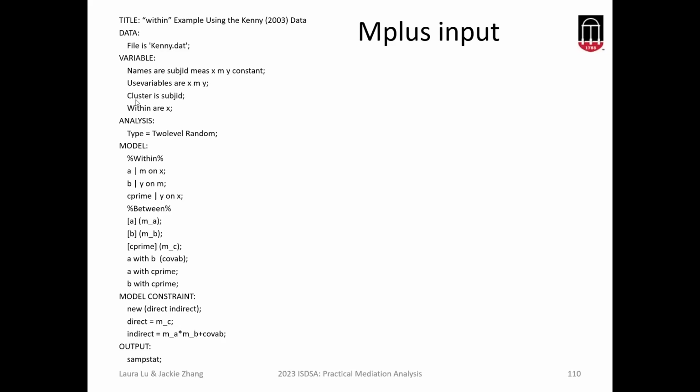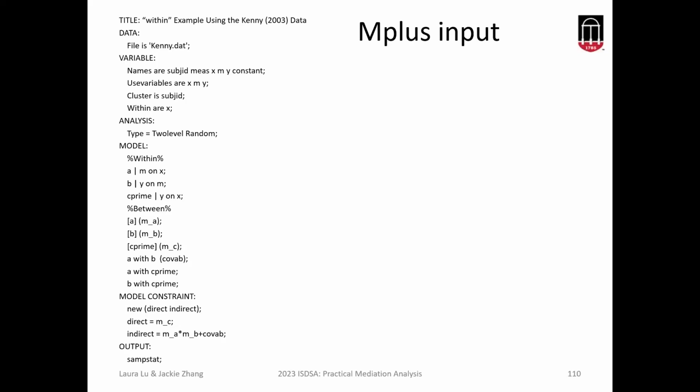And then we need to add some other keywords. Cluster, what does that mean? Level 2 units, because for this data set, we have many individuals. Within each individual, we have some measures: measures of X, measures of M, measures of Y. So the cluster is subject ID, the level 2 unit.